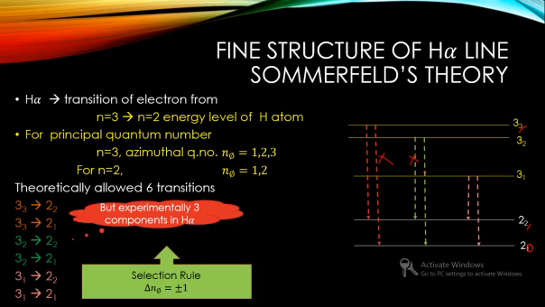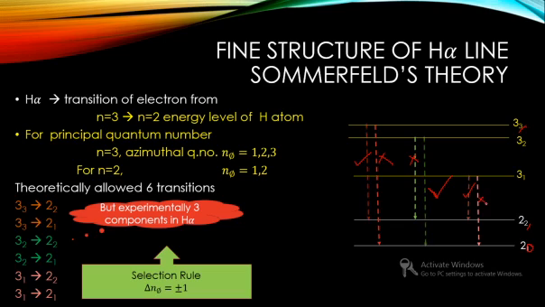The next possibility is 3,2 to 2,1. That is allowed, since 2 minus 1 is 1. What about 3,1 to 2,2? 1 minus 2 is minus 1, so that is okay. And the other one is 3,1 to 2,1. Again, 1 and 1 in n_phi, so the variation is 0, and that is not allowed.